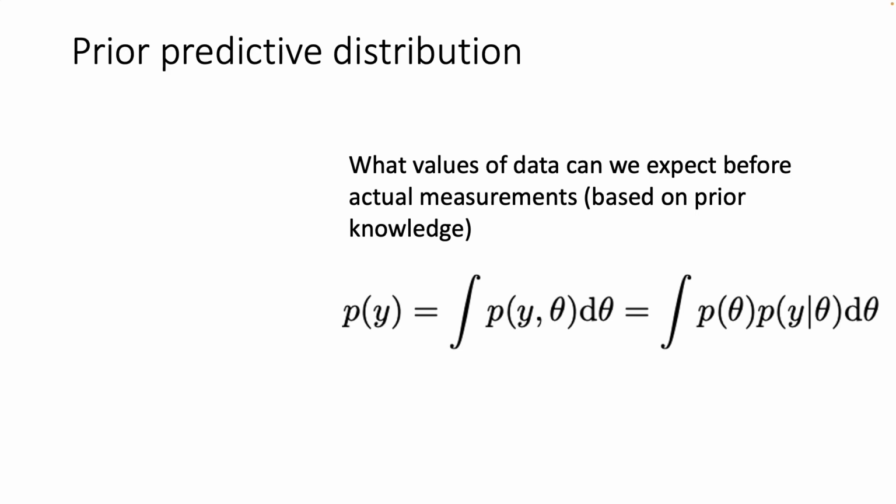So we take our model that consists of likelihood and prior, and we integrate the prior parameters out of it in order to get a distribution of y from which we can sample. In practice, we do it again by sampling.